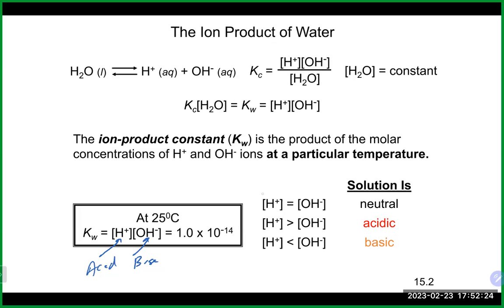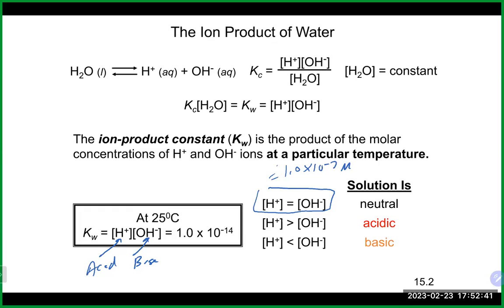If you calculate the H plus concentration and it actually equals the OH minus concentration, by the way, at that point they both will equal 1 times 10 to the minus 7 molar. You will have a neutral solution.